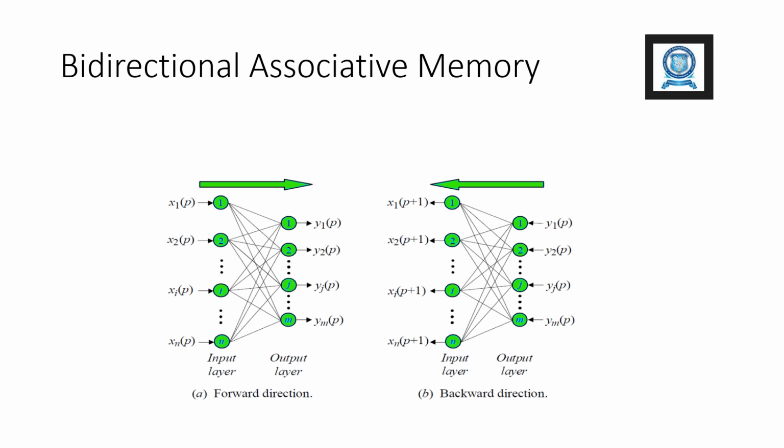In the first diagram, it shows memory associates to output in forward direction. In the second diagram, it shows the memory is associated by giving the output and it is matching the input layer in a backward direction.